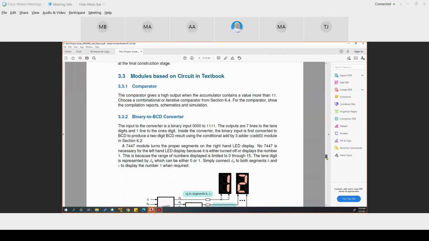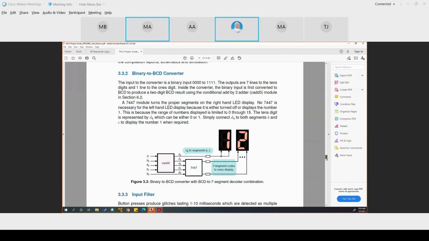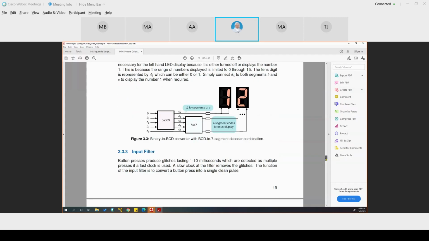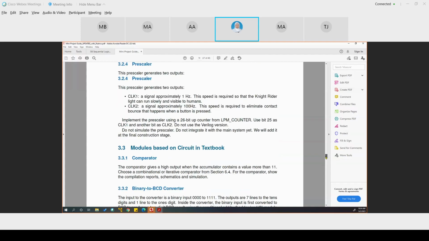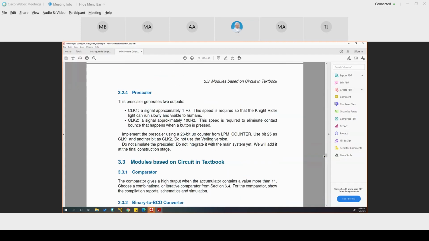Okay. It means we have 2 option clocks, running at different frequencies. For the input filter we got 100 hertz, and for the Night Rider we need 1 hertz.